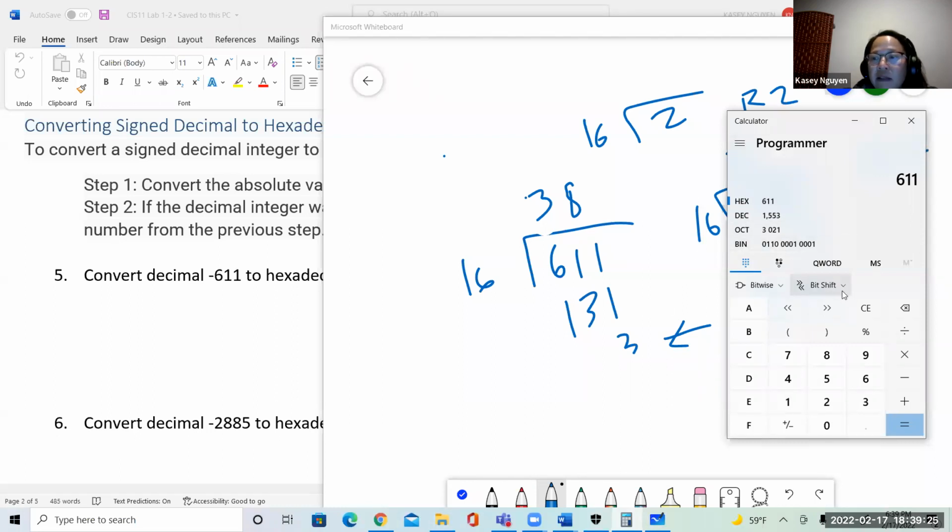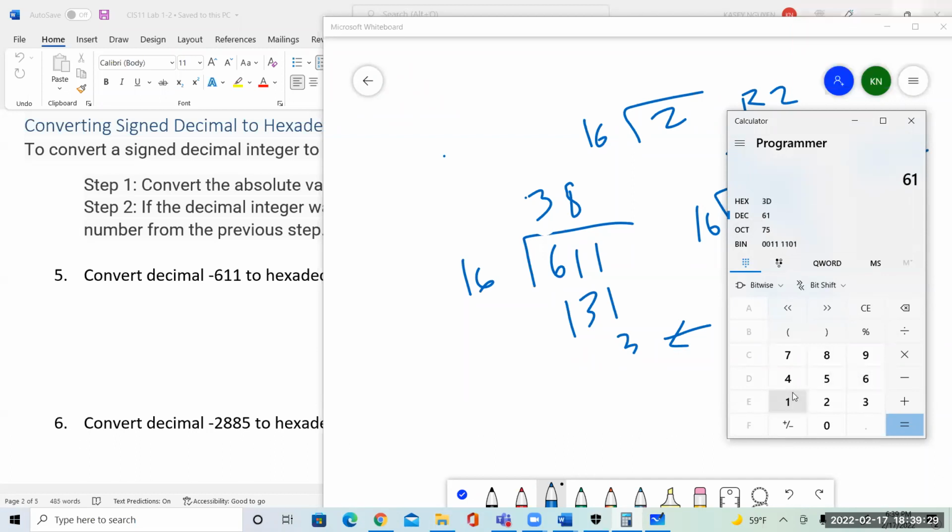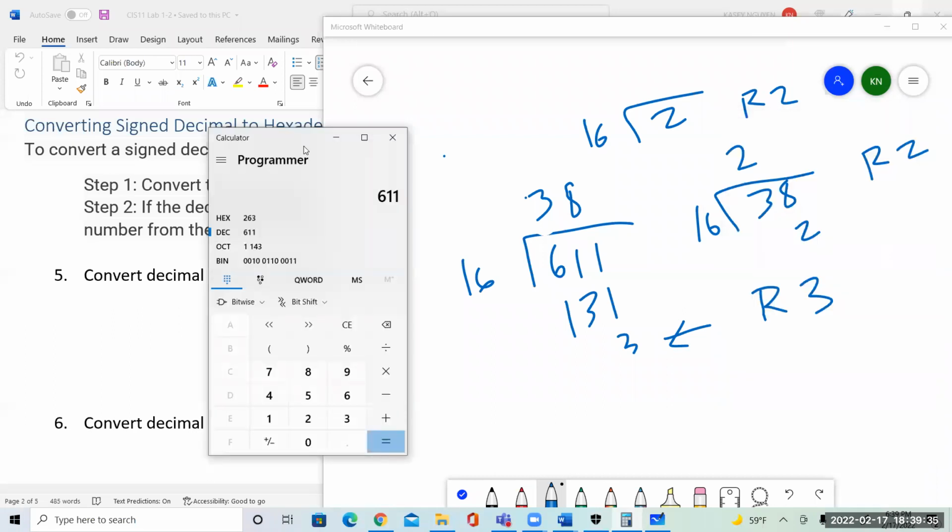Oh, I'm sorry, the decimal is 611. Enter. Okay. Six. I missed something here. Hold on one second. 263. 16.